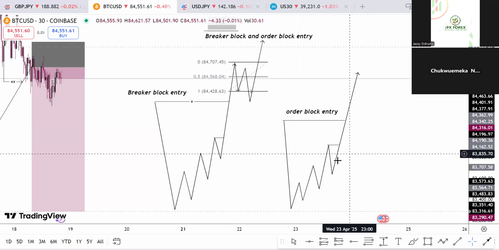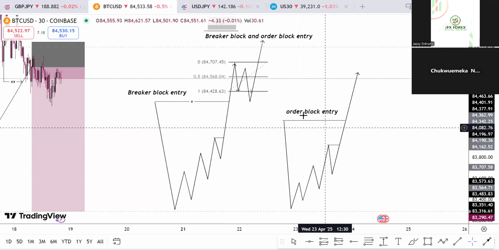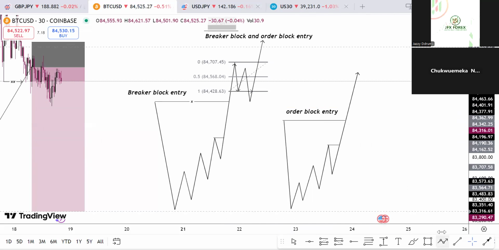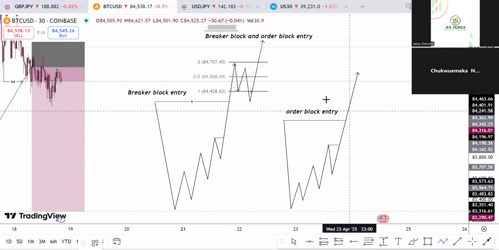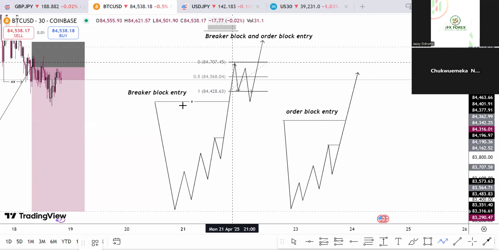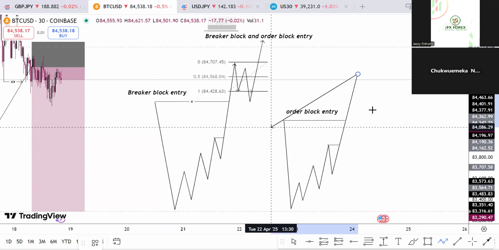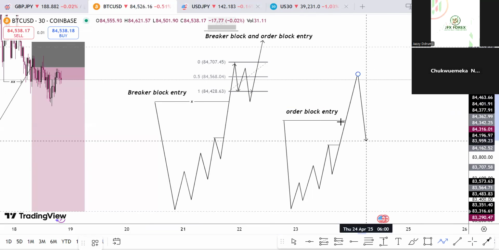Let me use this particular one as another example. So now this is the same thing. This particular inducement doesn't mitigate this. But now the example on this breaker block is going to mitigate the major break of structure.